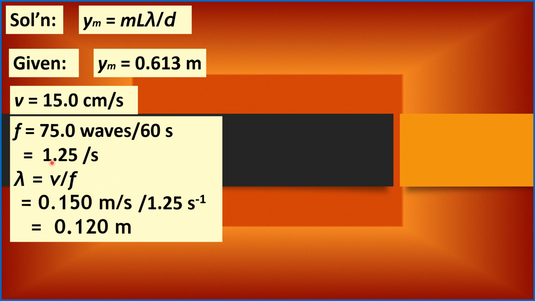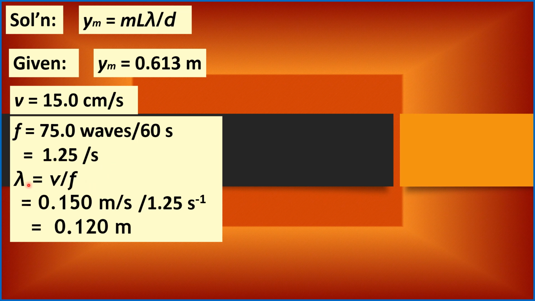And also, the information that 75 wave fronts were observed to pass in front of the observer in a time of 60 seconds. So if we divide that number of waves by the time 60 seconds, we get the frequency of the water wavefronts, which is 1.25 hertz or 1.25 per second.